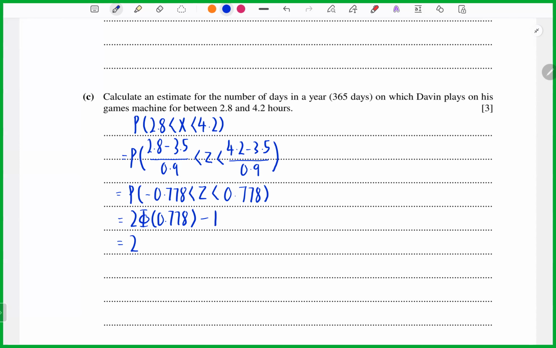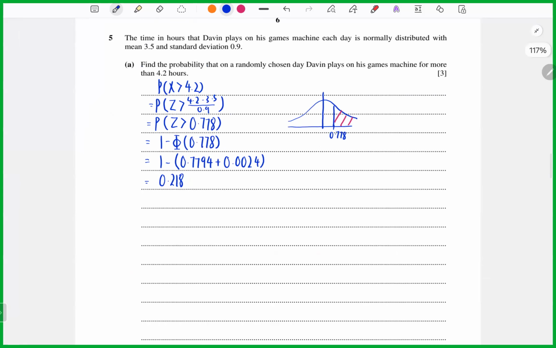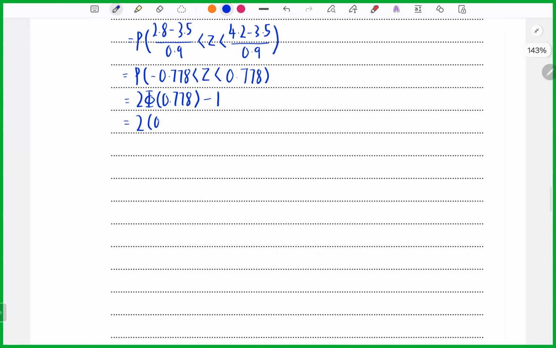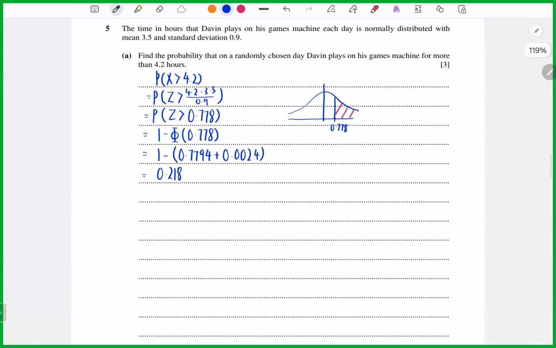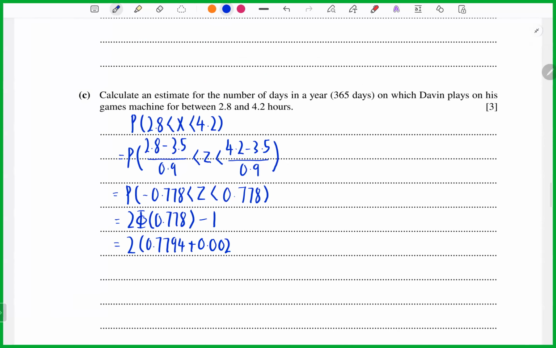So how to find this value? You can take it from part 1. So now you can write here 0.7794 plus 0.0024, then work it out as 2 times that minus 1. So you will get 0.5636.